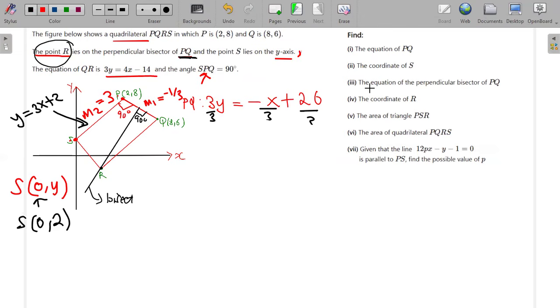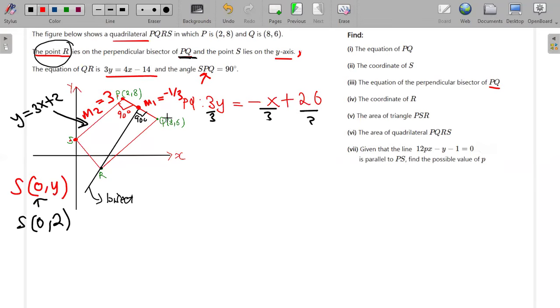Part 3, they're asking for the equation of the perpendicular bisector of PQ. So PQ is this one. The perpendicular bisector is this black line here. We've been told that this bisector actually passes through R. Since it's a perpendicular bisector, it has to pass through the midpoint.